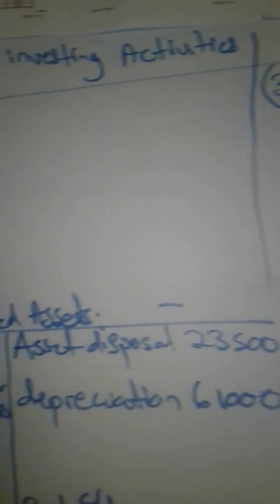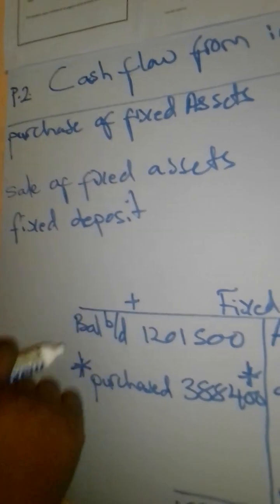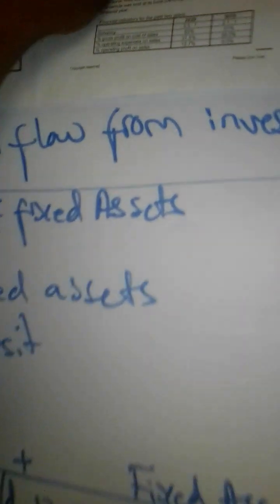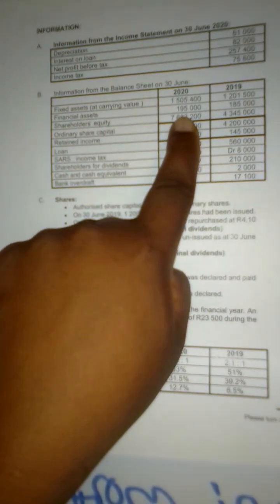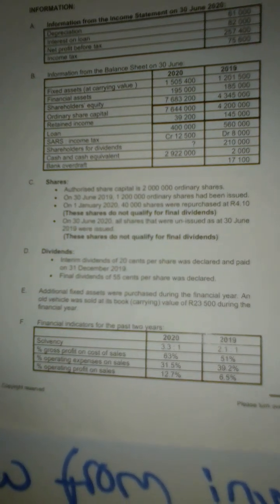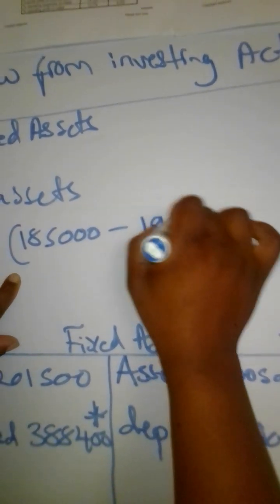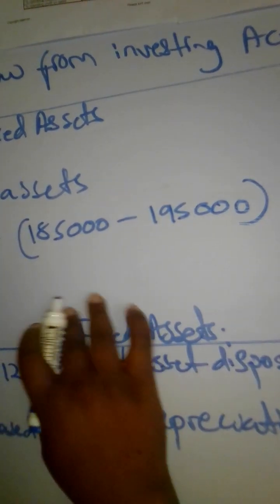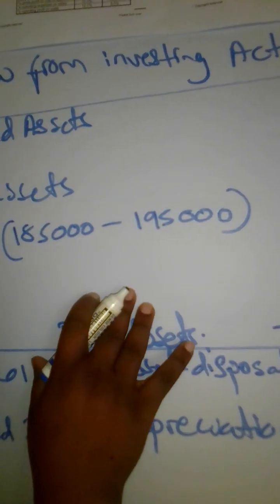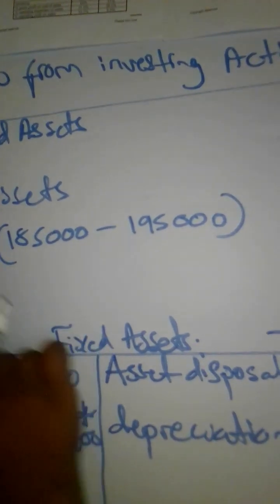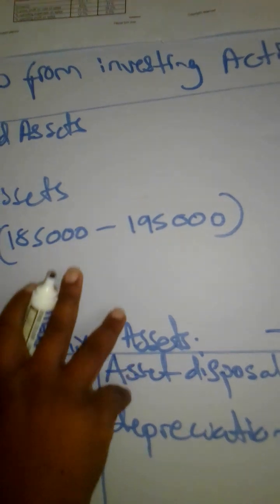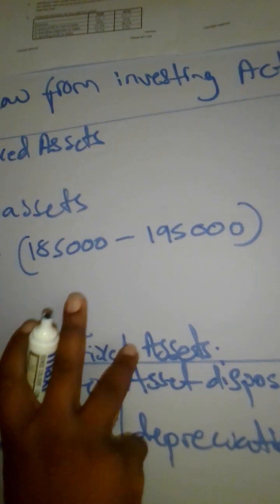Money is coming in. Let's look at the fixed deposit. We have a fixed deposit, our financial asset. Where it is written financial assets, in 2019 it's 185,000 and in 2020 it's 195,000. What does this mean? It means that our fixed deposit increased. The reason why I recorded it like this is that an increase in investment brings about an outflow.